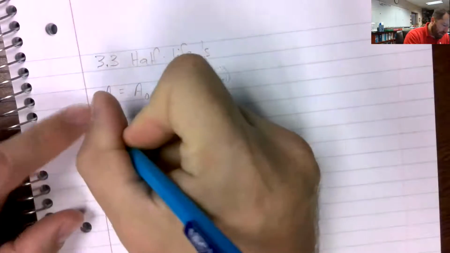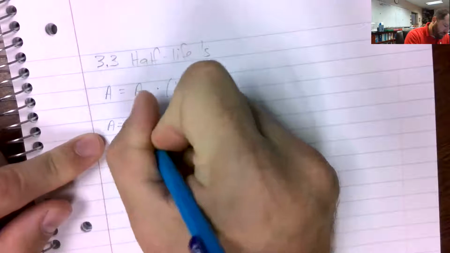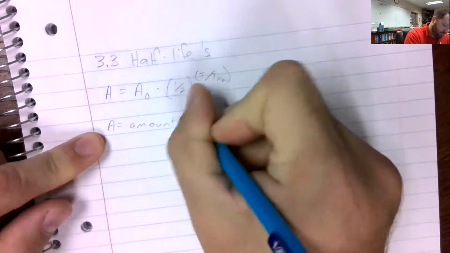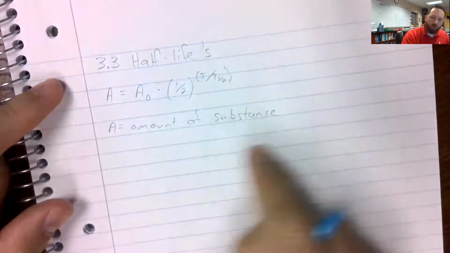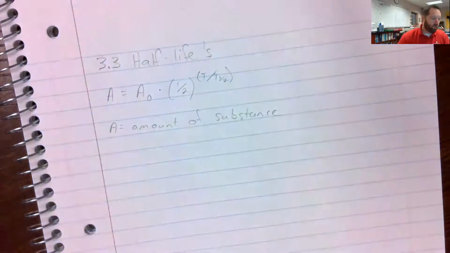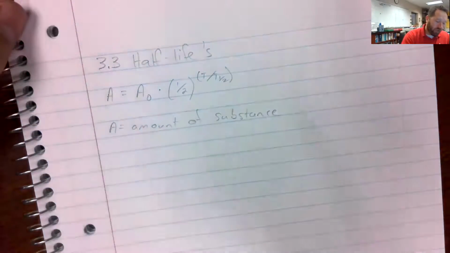So A is the amount of substance. So again, we're all holding on to a radioactive nucleus. We're all holding on to one, and we want to know when it's going to decay.